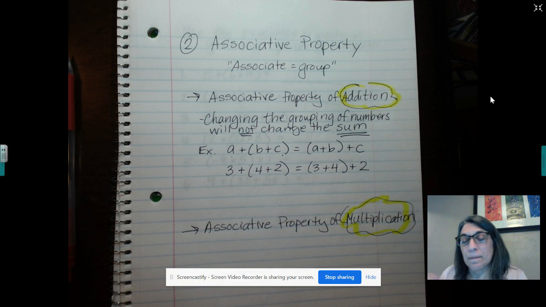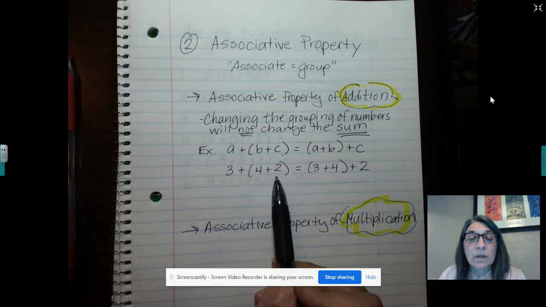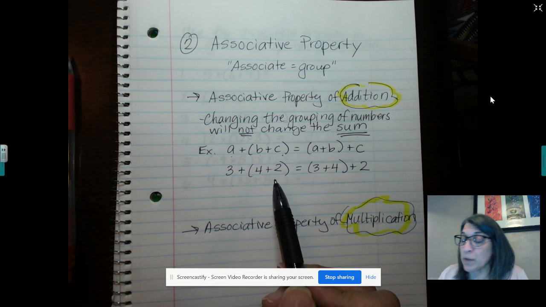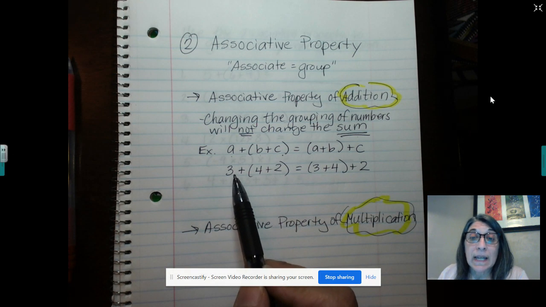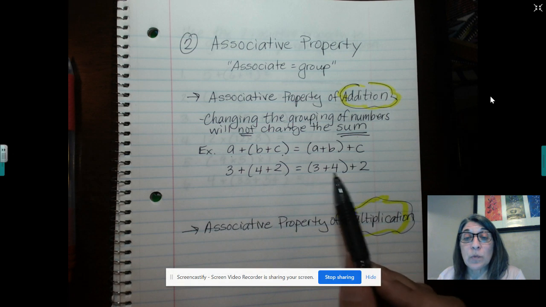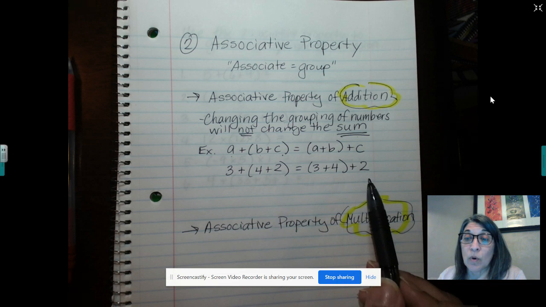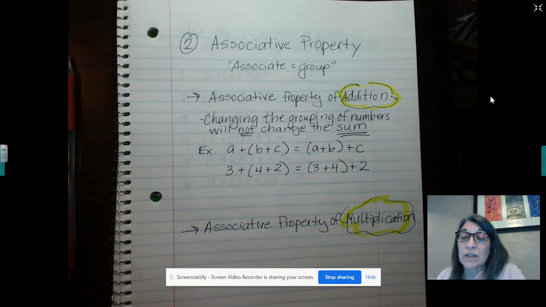Well, let's think about it. If I did order of operations, I'd do grouping symbols first, right? 4 plus 2 is 6, and then 3 more is 9. But if I did this one, I do these two first. 3 plus 4 is 7, and 2 more is 9. So they're both equivalent. I just grouped them differently, and it really doesn't matter. You're going to get the same sum because of the associative property of addition, okay?